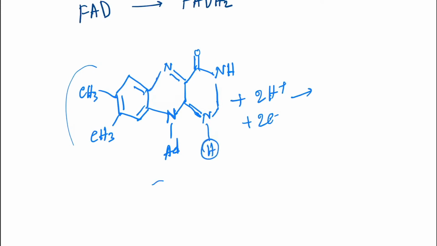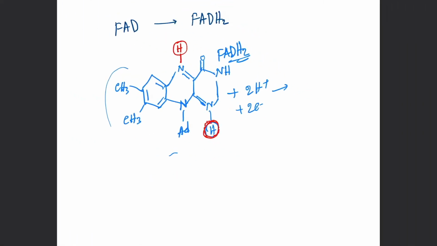So this is the place where the hydrogen gets attached, and another hydrogen will be here. So two hydrogens are getting added, forming FADH2. This is the basic concept you need to understand before going to the electron transport chain.